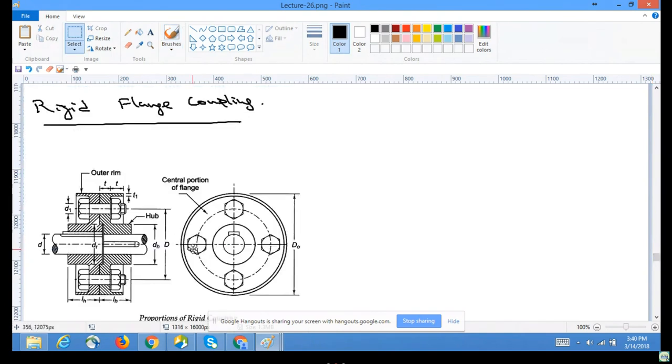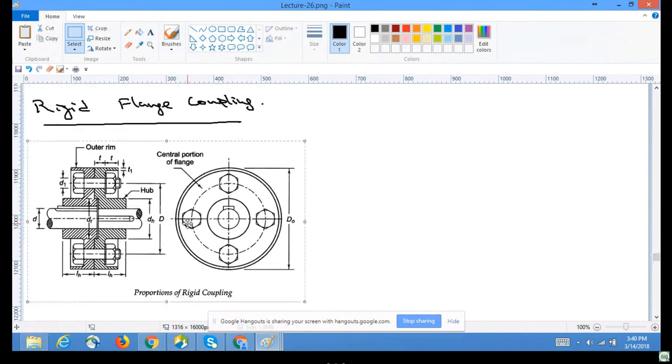You can see that in some of them you don't have protection, and because it is rotating, these bolts can fly off because of dynamic or fatigue loading. This kind of flange or outer rim will prevent it from the moving mass, hence this is a little protective compared to the outer rim.